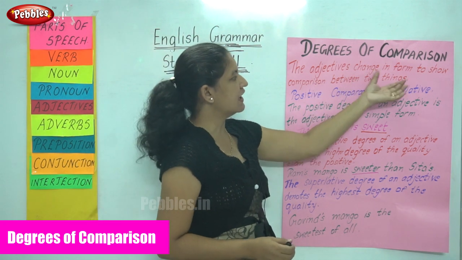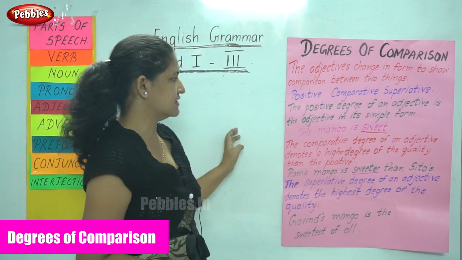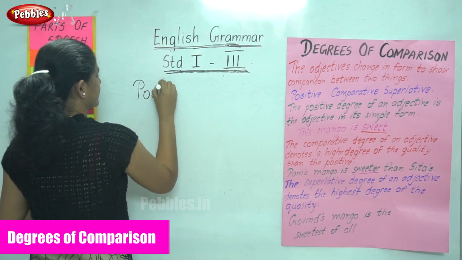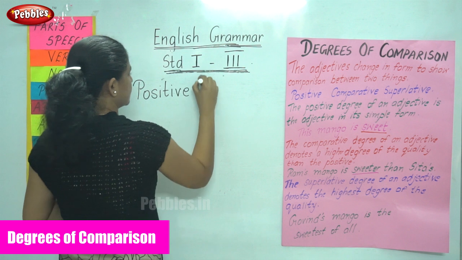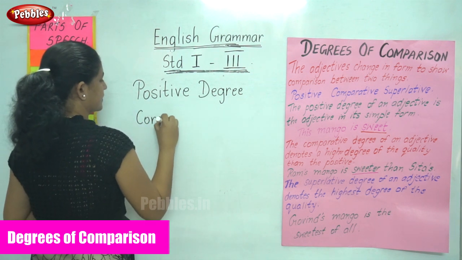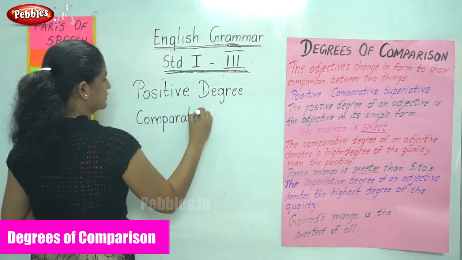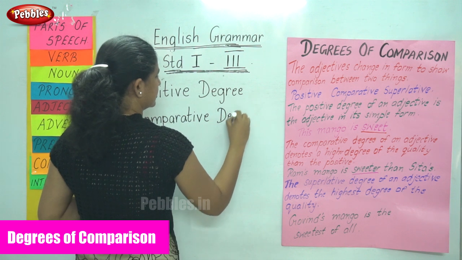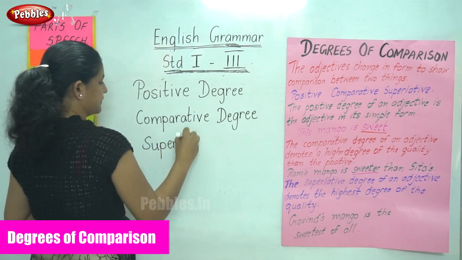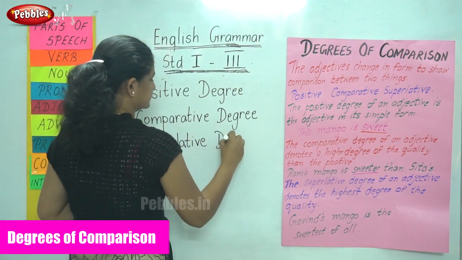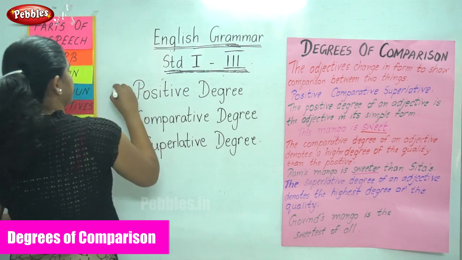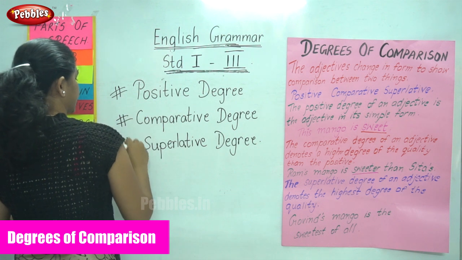There are three types of degrees of comparison: the positive degree, the comparative degree, and the superlative degree.